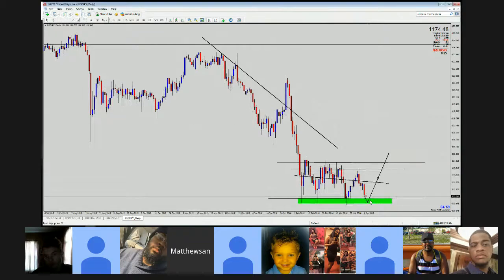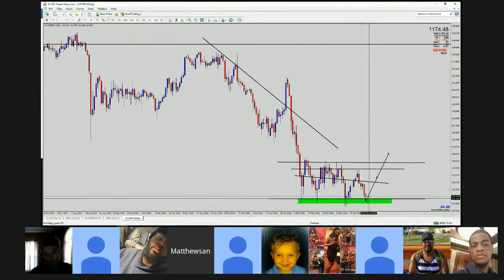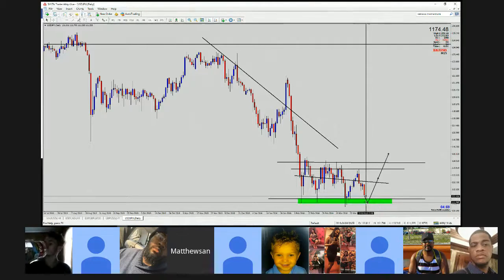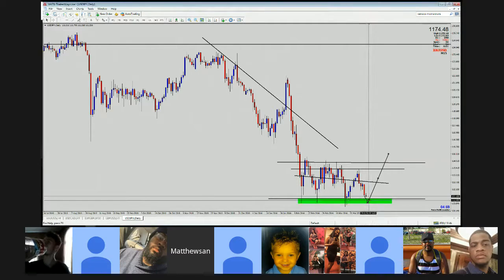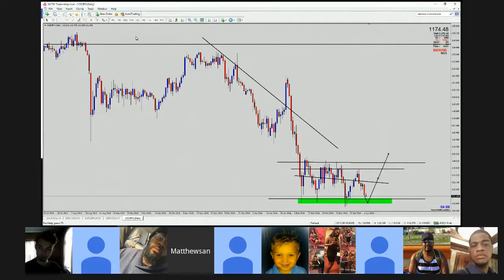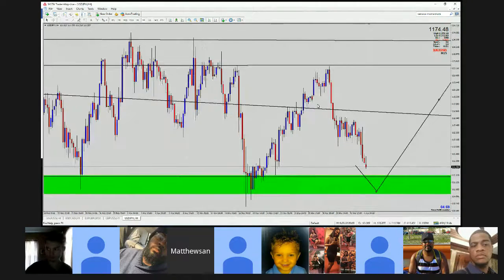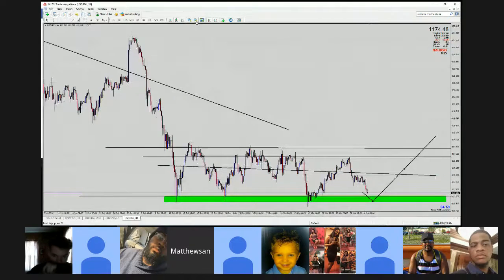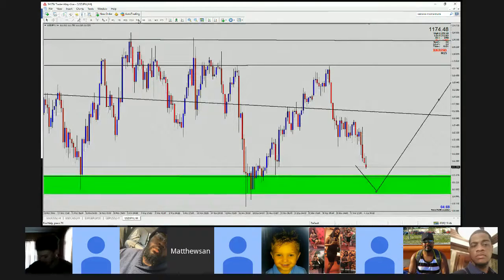Let's expect to see it hitting this zone here, which is a very small zone, 35 pips or so. Give the market a chance to move, and then we look for a buy. That's what we want, we want to wait for that buy. Let's see anything else.